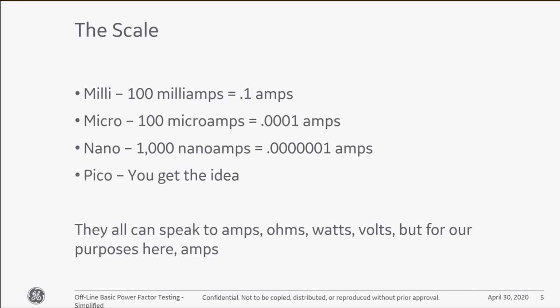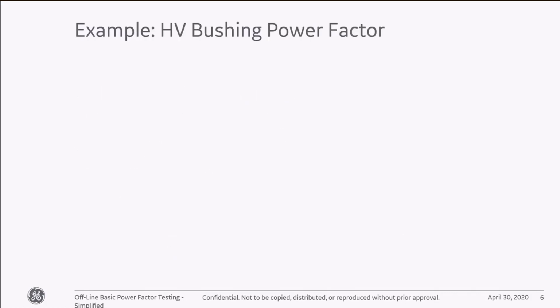They all speak to amps, ohms, watts, volts, but for our purposes here, we're going to talk about it from the standpoint of amps. So I just put up a typical calculation, and we're going to call this a bushing, because for some reason I can remember what charging current or loss current we measured on bushings.